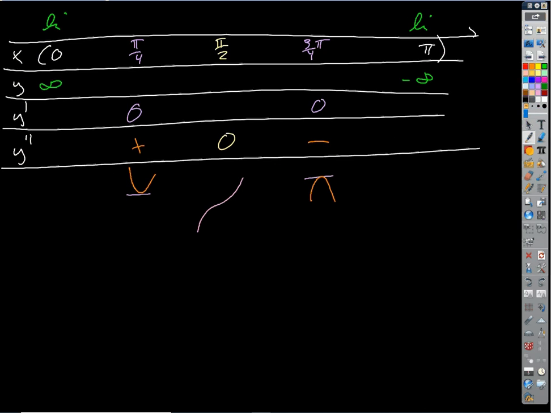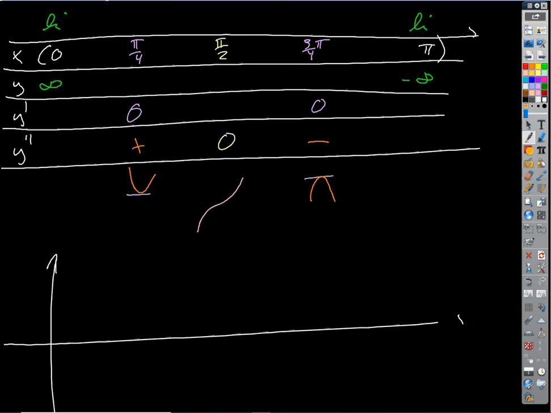So we get something like, I'm not going to put the points in, but we could evaluate the function at these points and get concrete numbers to anchor it on the graph. But we're getting a minimum here, okay?